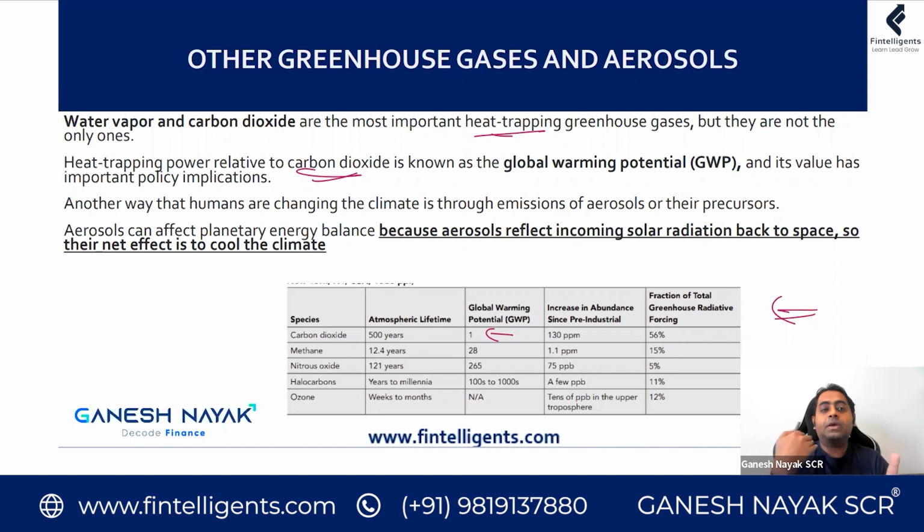Then you're comparing how much other gases trap heat as compared to carbon dioxide, and that will determine the global warming potential of that particular gas. So there are other gases which have a very high global warming potential, like halocarbons and all, but they're very small in quantity in the atmosphere. Over here in the book, they've just given you a gist of different gases and their global warming potential. Not very important for the exam, but the inclusion of aerosol, that is important.